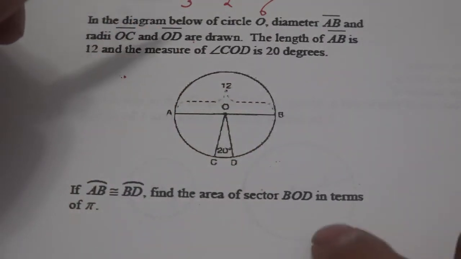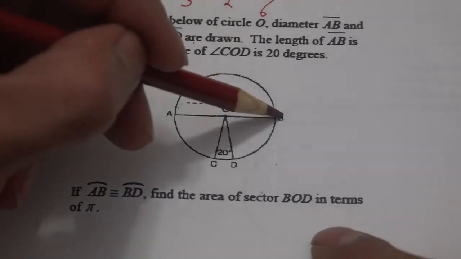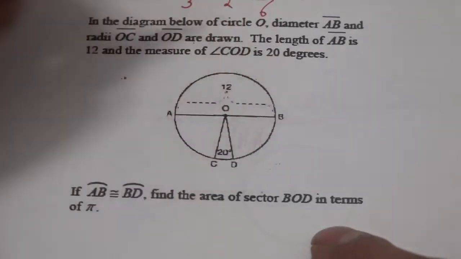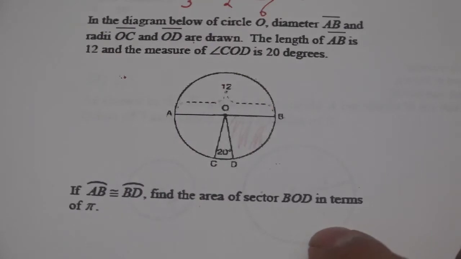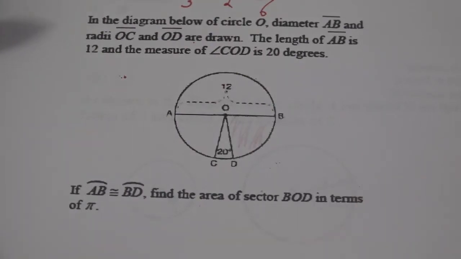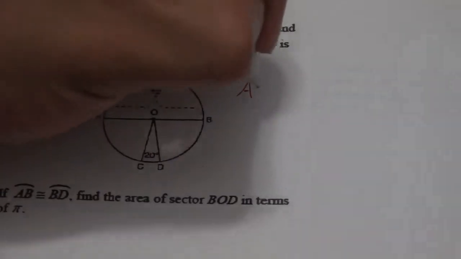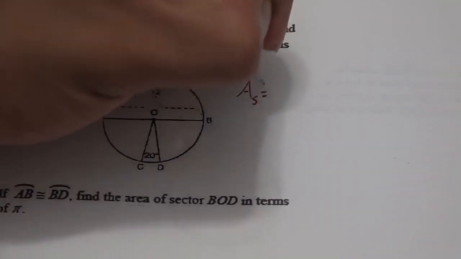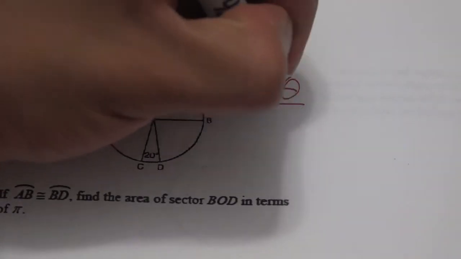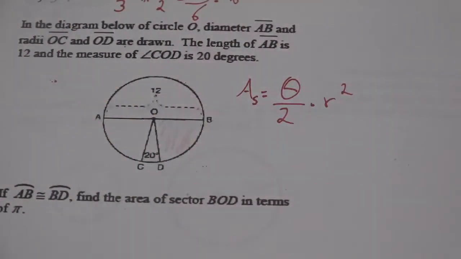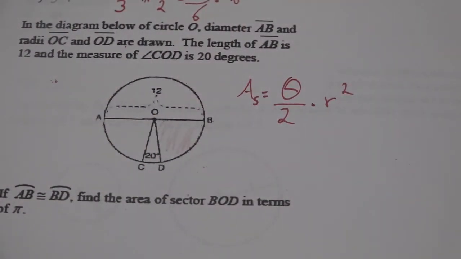They want me to find this area right here. So let me utilize what I know. To find the area of a sector is the angle divided by 2 times r squared. Okay? That's how I do it.